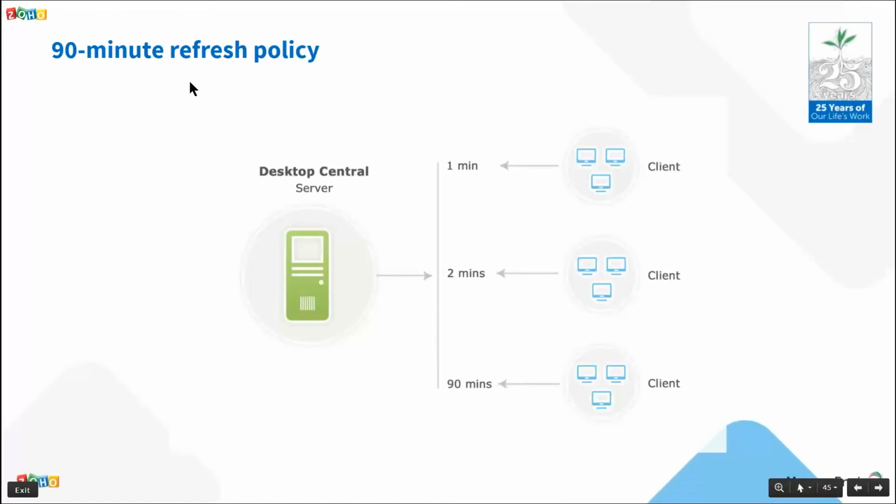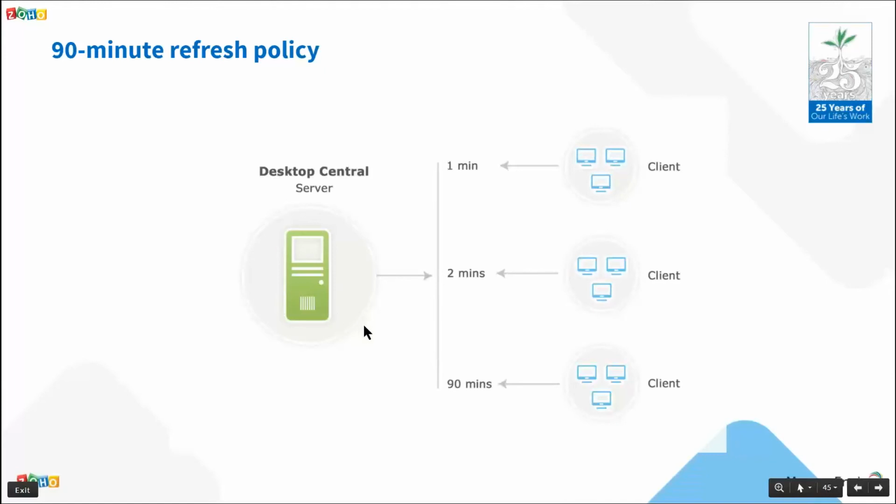Every agent communicates with the Desktop Central server every 90 minutes, whether it is 900 machines, 90 machines, or 9,000 machines. The 90 minutes are equally divided between the number of computers, and each will talk to the server at the specific time allocated to it. The Desktop Central server allocates the exact time at which they need to talk to it.